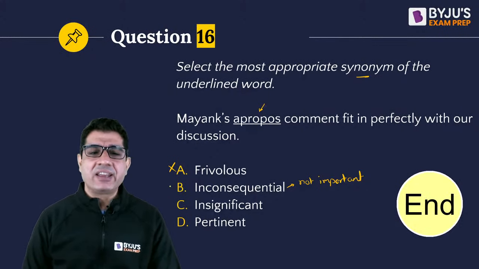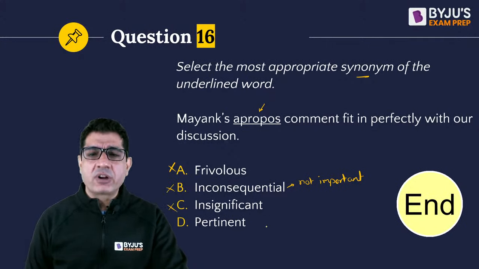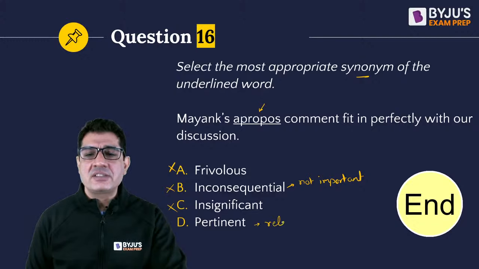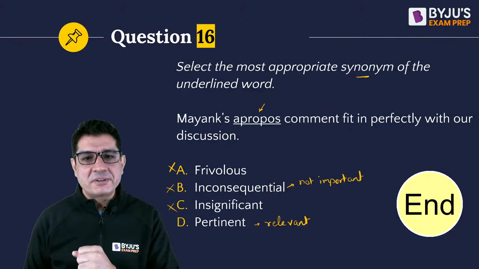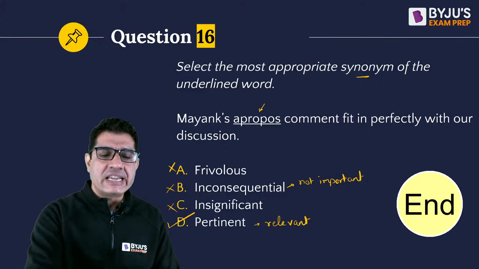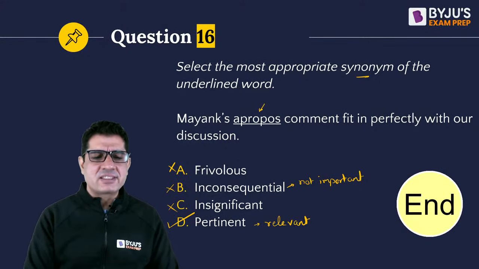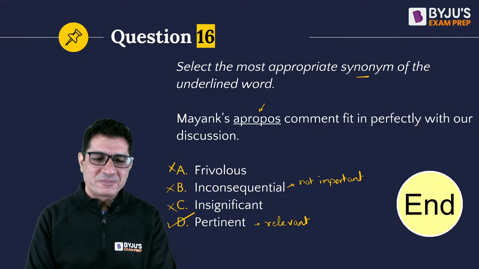So once again, cannot be used as a synonym for apropos. Insignificant can also be ruled out. Pertinent, on the other hand, means something that is relevant, and things which are relevant are also things that are appropriate, right? So our answer here should indeed be option D, which is something that I think almost all of you have also gone on to choose.